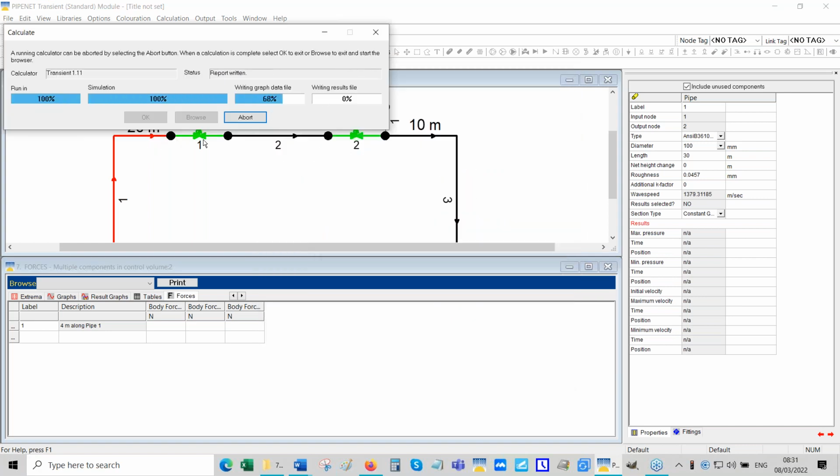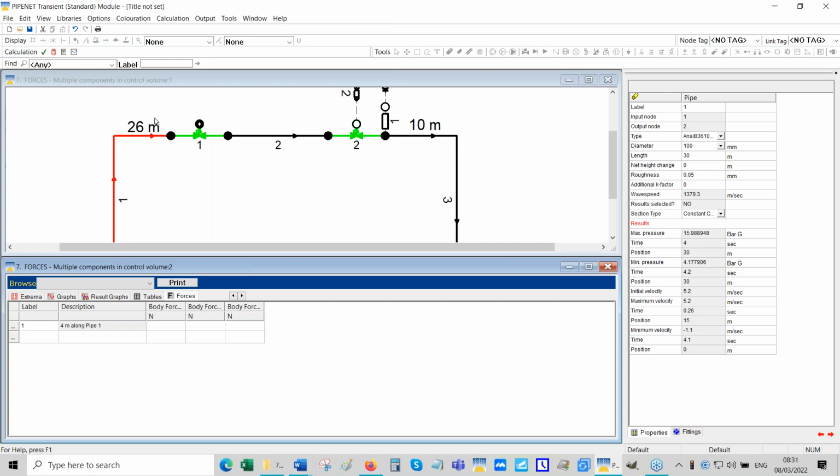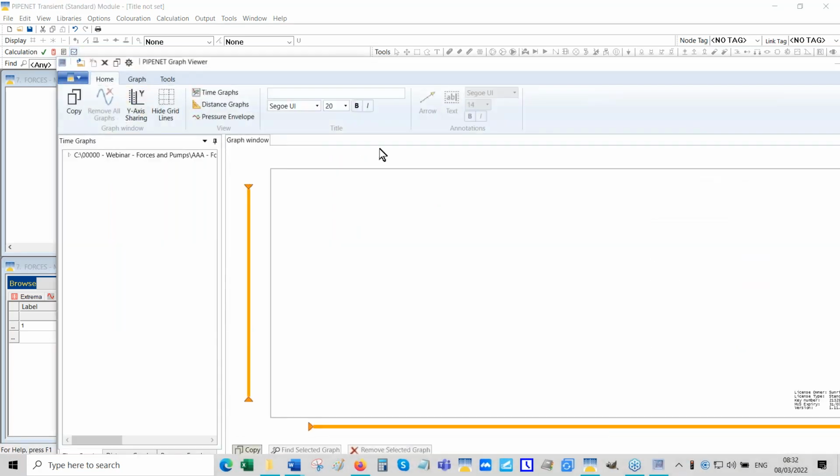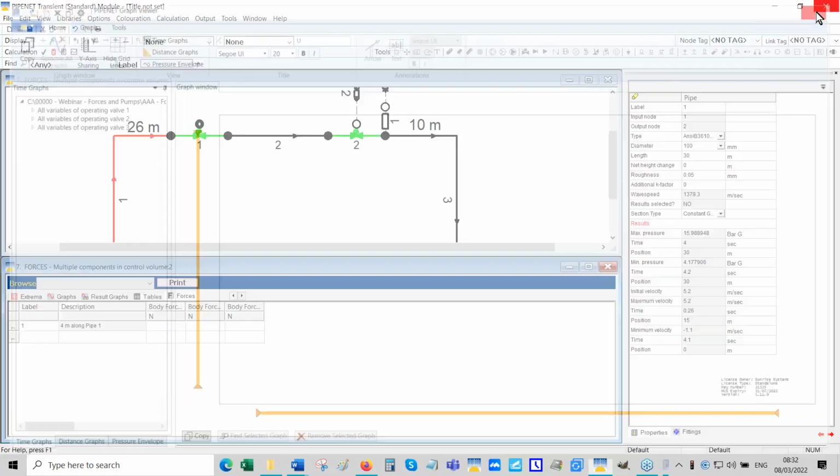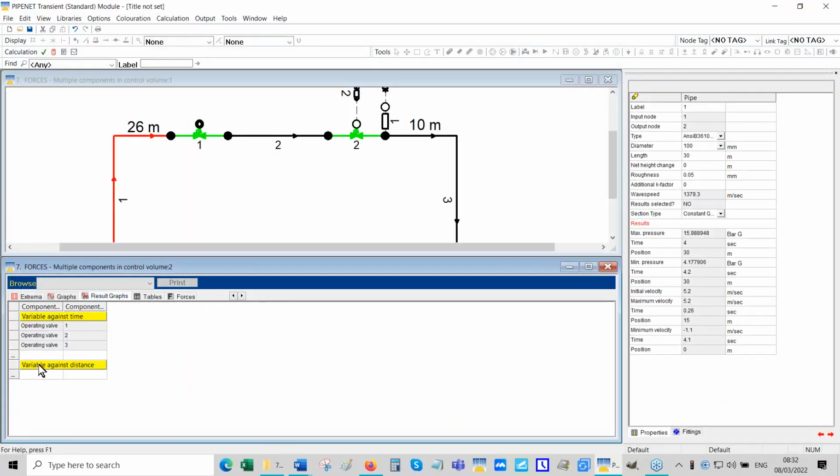The rule is that it's got to be a straight section with no change in the direction. If you remember, I said to you, you have to choose to ask for the results for the pipe here.